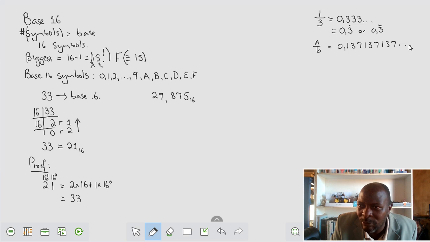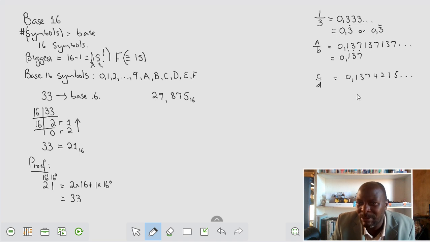You can see it's going on forever: 137, 137. You write 0.137 and say all 3 digits are the repeating part. If you had a scenario where C over D gave you something like 0.1374215, you can see it's not about to terminate anytime soon.